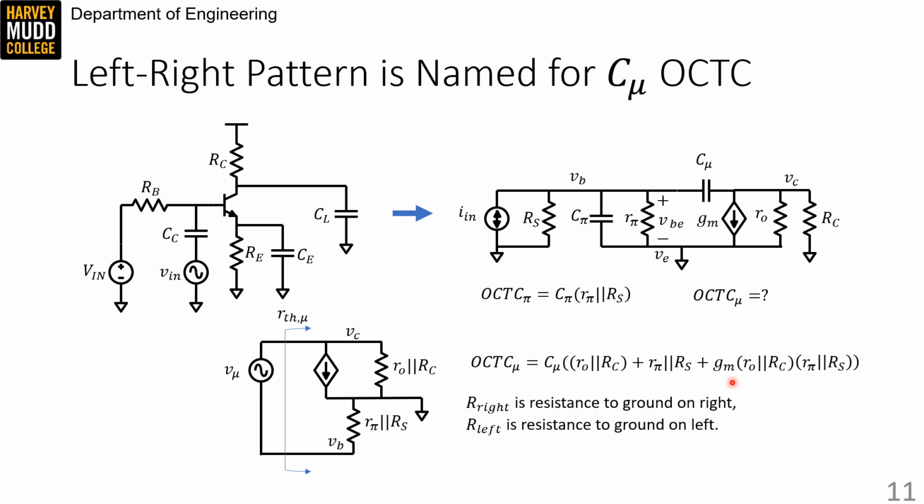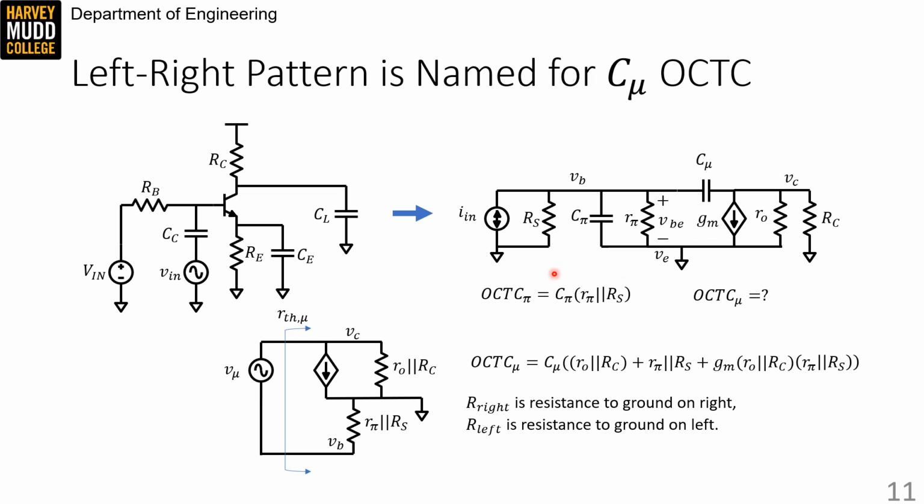The left-right pattern is actually named after the behavior of C mu. R right is the resistance from the right side of C mu to ground. R left is the resistance on the left side of C mu to ground. So that's an easy way to remember the open circuit time constant for C mu.